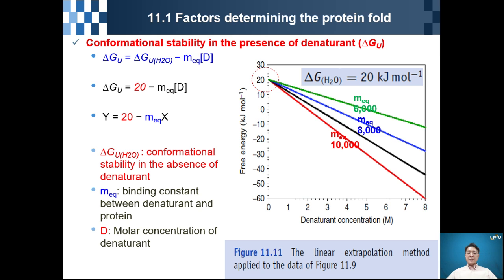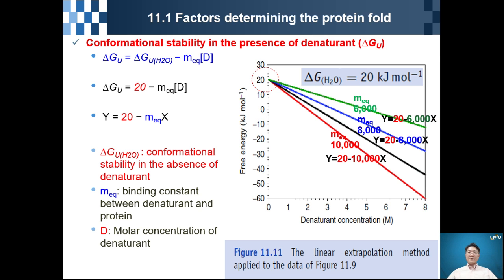So the red curve is y equals 20 minus 10,000x, the blue curve is y equals 20 minus 8,000x, and the green curve is y equals 20 minus 6,000x.